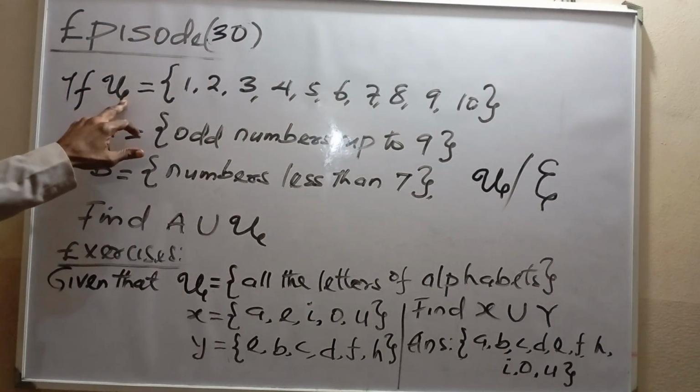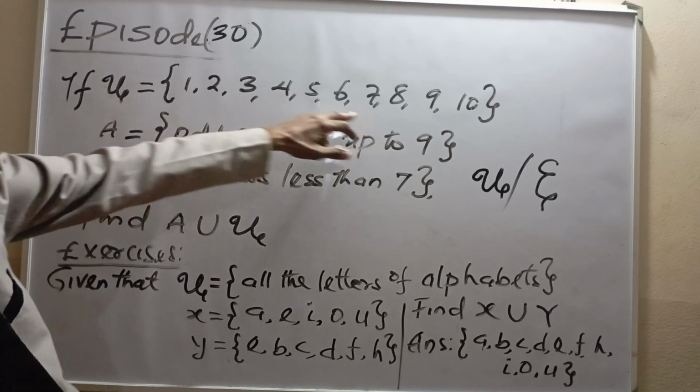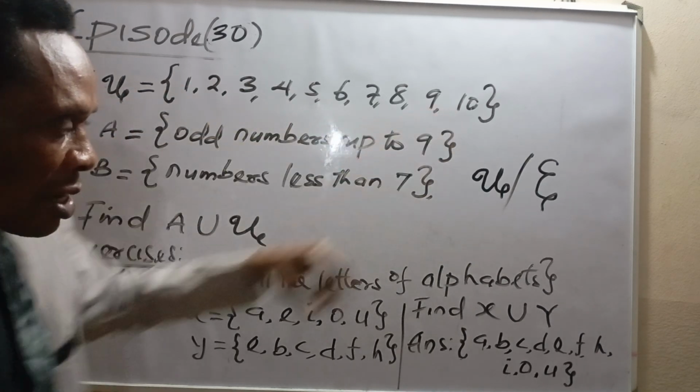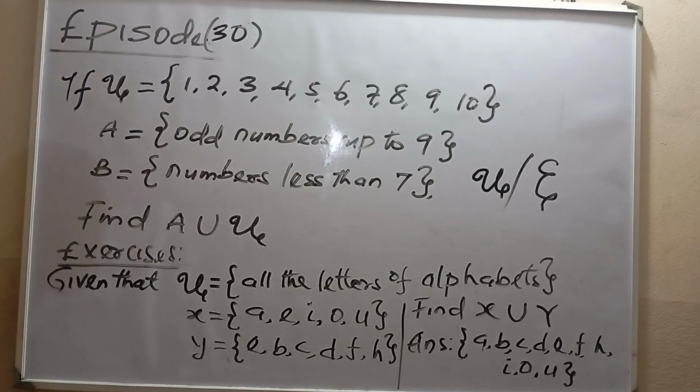So the elements of the universal set here are the natural numbers from 1 to 10. In a set, there's what we call a subset. The subset of a set are the elements that are also part of the universal set.